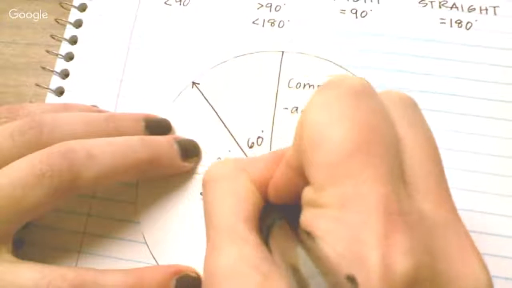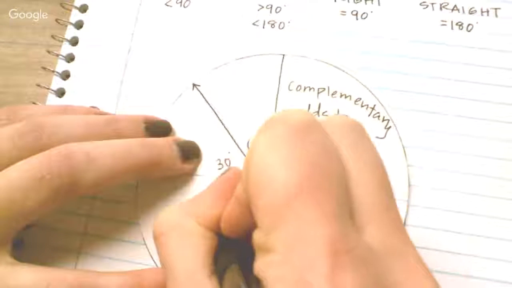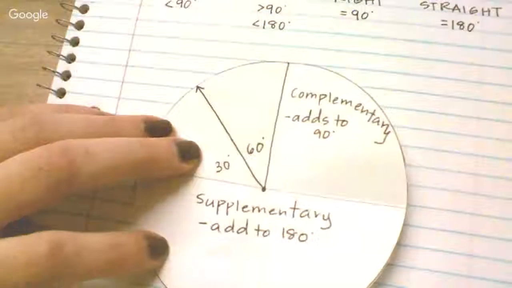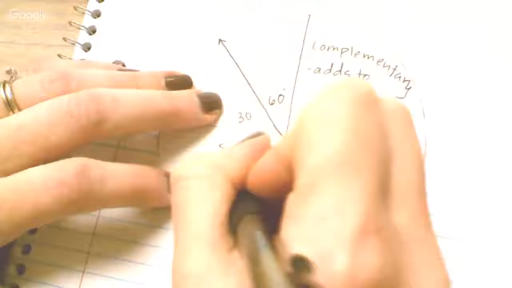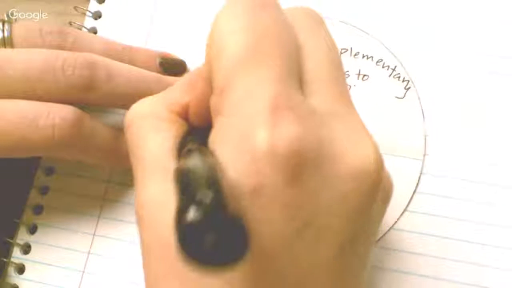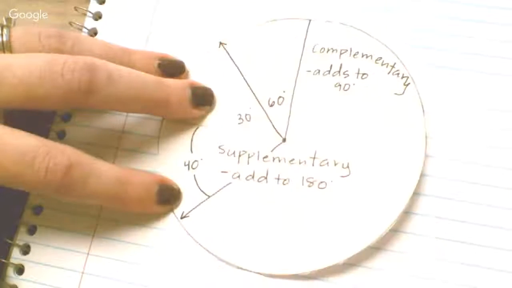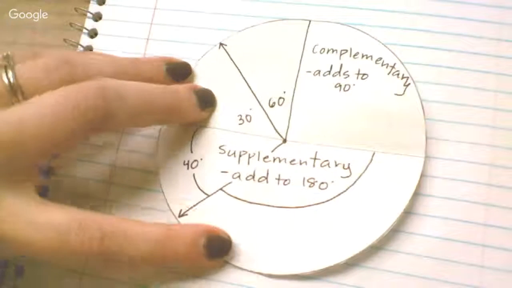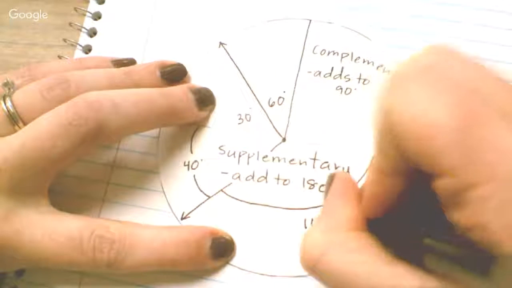Supplementary, these add to 180 degrees. So if I have through here, if I have an angle that is 40 degrees, that means this angle, the supplement, would have to be 140 degrees.